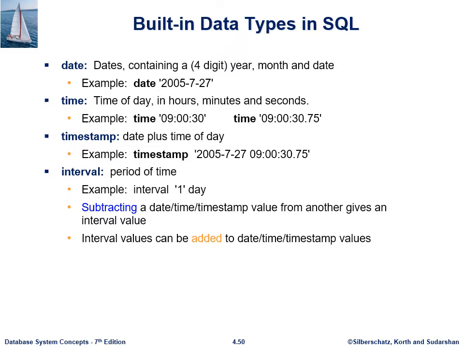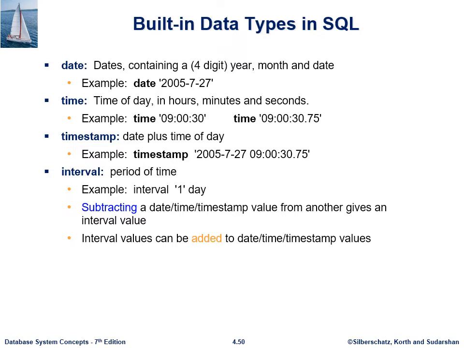And then interval means the time in between. So we can do, for example, the difference between 2 dates, 2 times, or 2 timestamps. This means we can just do subtraction between them. Of course, you need to perform it with the same type. So this is about a period of time. For example, an interval is 1 day or 1 hour, or some days and some hours and minutes and so on.